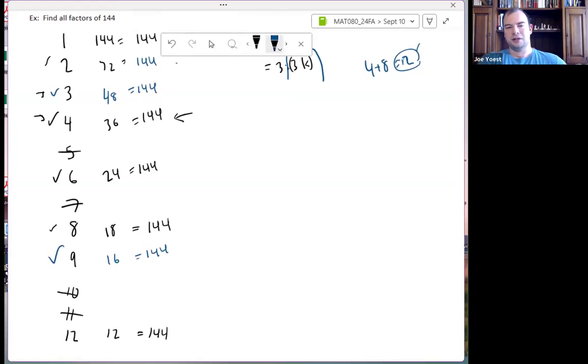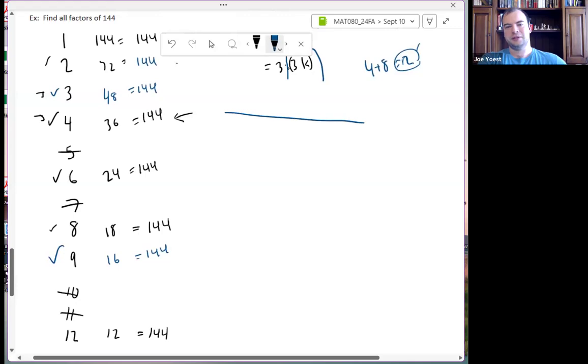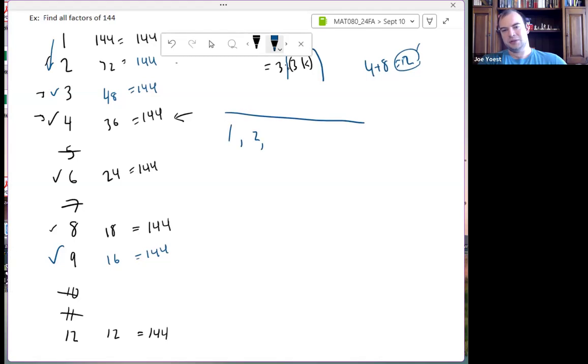Going down the left side to start: 1, 2, 3, 4, not 5, but 6, 8, 9, 12. And then 12 matches with 12, so we don't have to write it again.